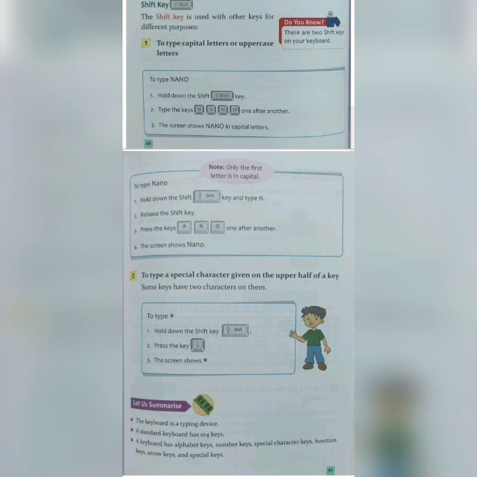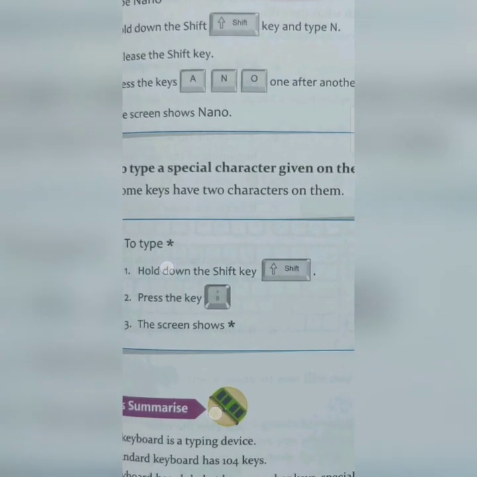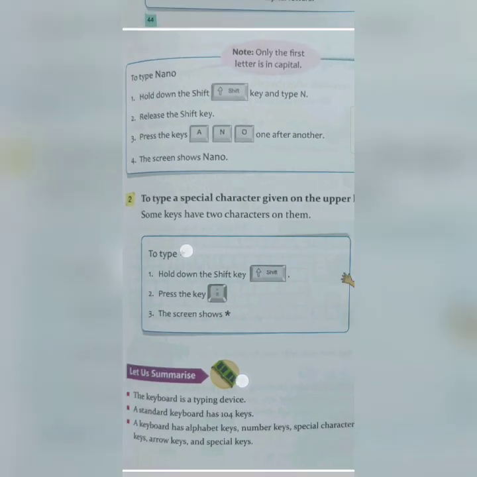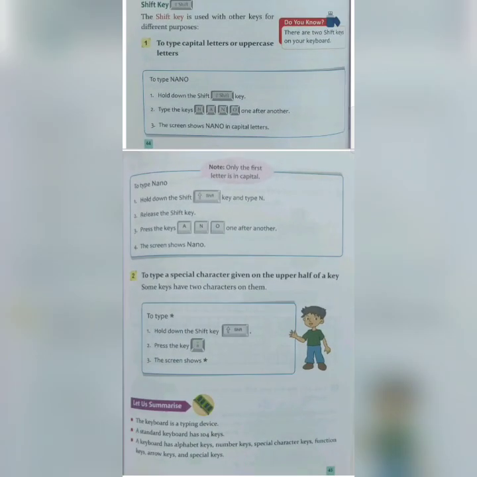So how will you do that? First hold down the shift key and then press the key with the number 8. While pressing shift, press number 8 and you will get the star mark instead of number 8.